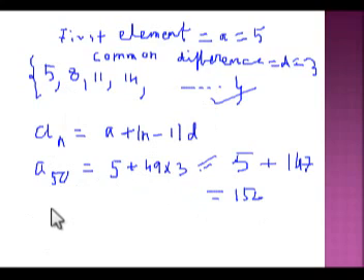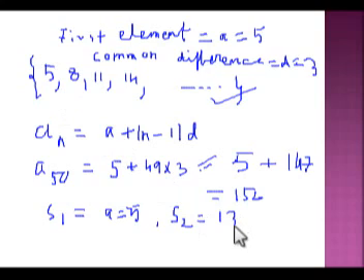And if we wish to know the series: S1 is just A, which is 5. It is important to know the series. S2 is A1 plus A2, then 5 plus 8 is equal to 13. Then what will S3 be?